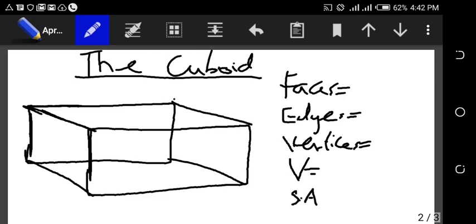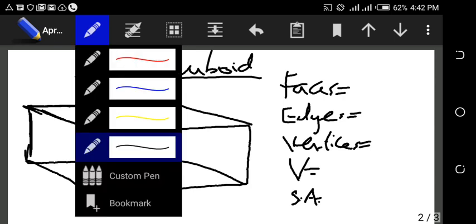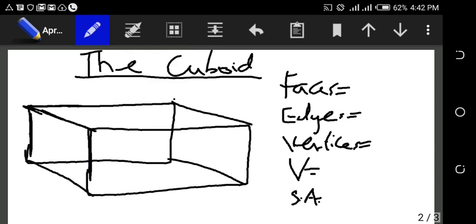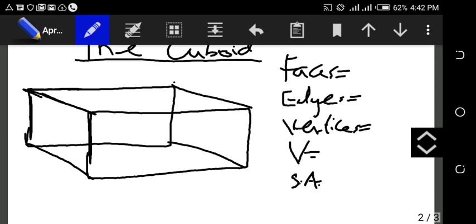I want to consider the cuboid under these following headings. Let me go ahead and also label it this time around as well. Let me use blue in this case. So let's label the sides here. Let here be A.